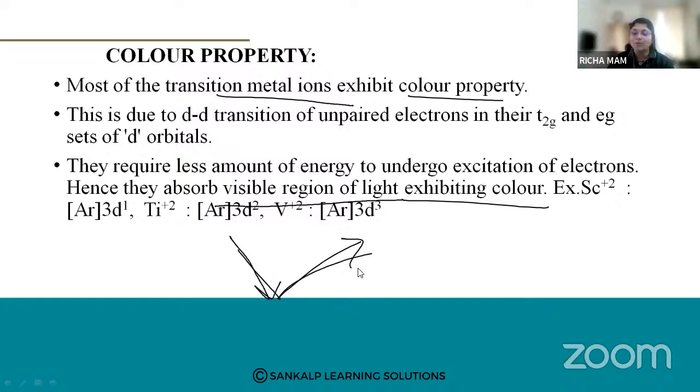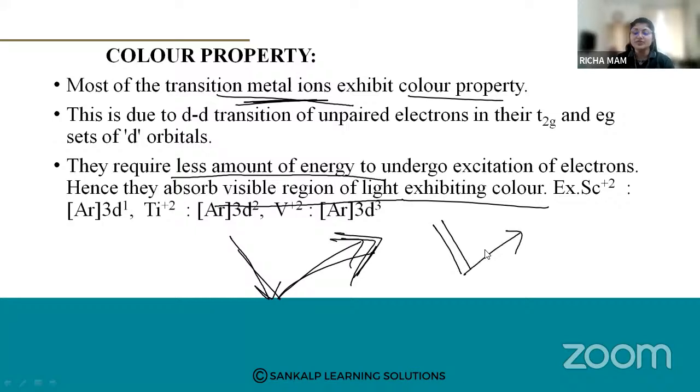So the complex will show the complementary color. Like this the complexes are colored. The transition elements exhibit color because they require very little energy to undergo excitation. They absorb radiation from the visible region and transmit the rest, so the complex shows the complementary color.